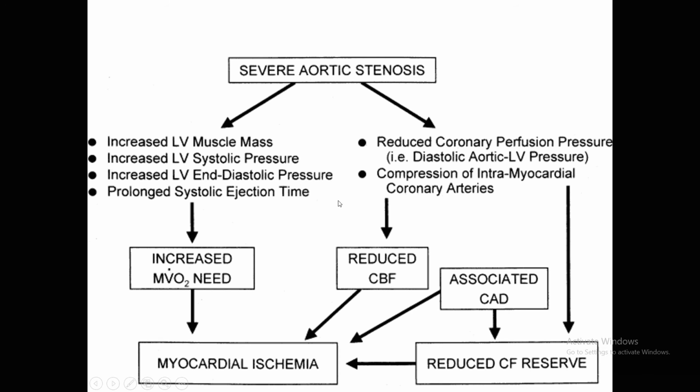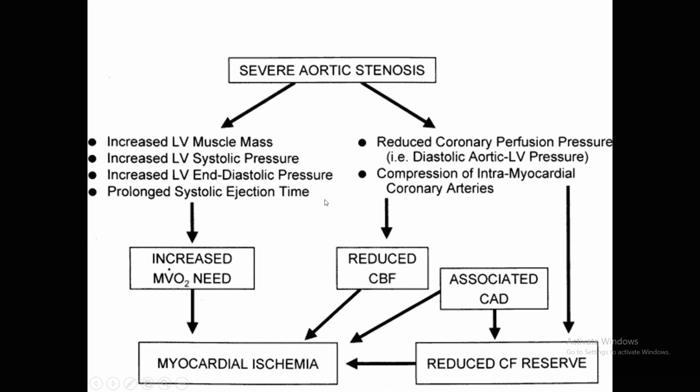Let's now summarize the changes in severe aortic stenosis. First, due to the increased afterload, left ventricular muscle mass is increasing, hypertrophy. The contraction of the hypertrophied ventricle will cause an increase of the left ventricular systolic pressure, and as a consequence, increased left ventricular end-diastolic pressure.